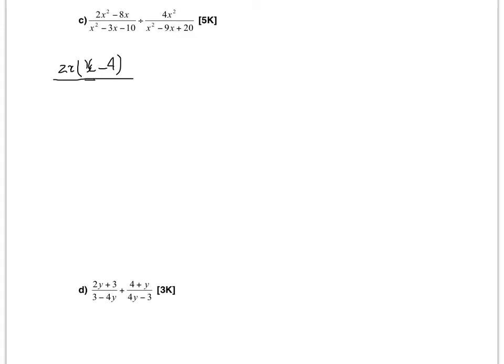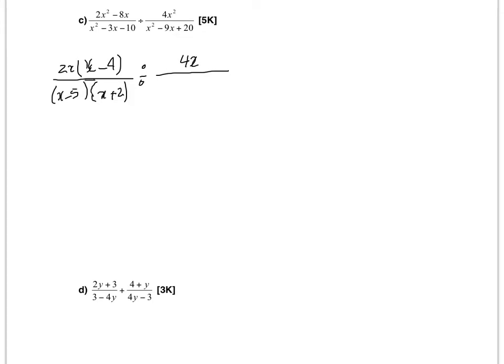now the denominator, again the leading coefficient is 1, so I can use sum and product to find two numbers. Product is negative 10, add up to negative 3, so negative 5 and 2. So I'm going to write x minus 5 and x plus 2, divided by 4x squared.